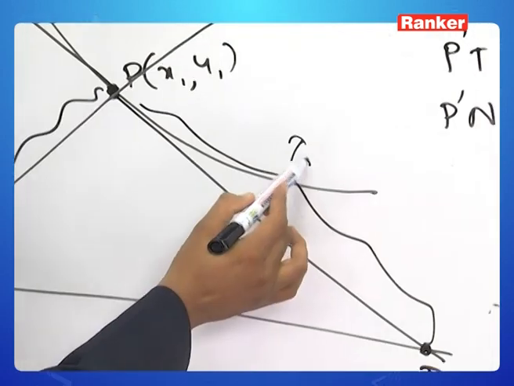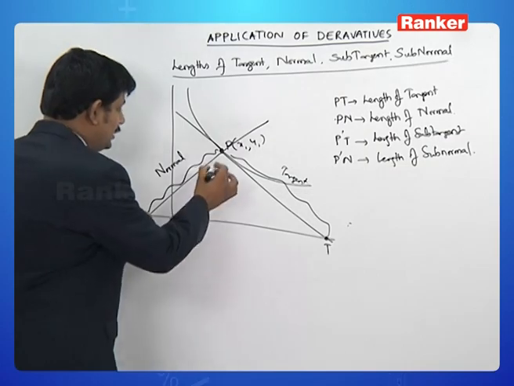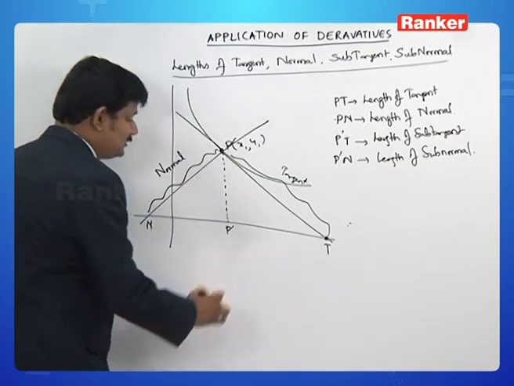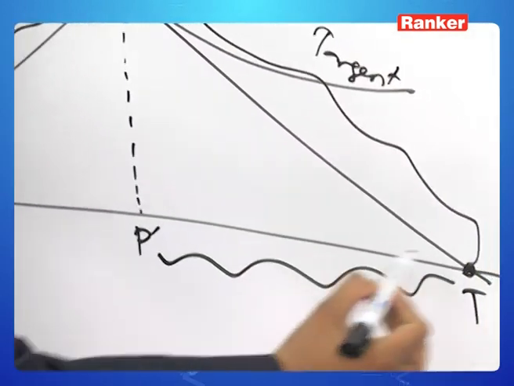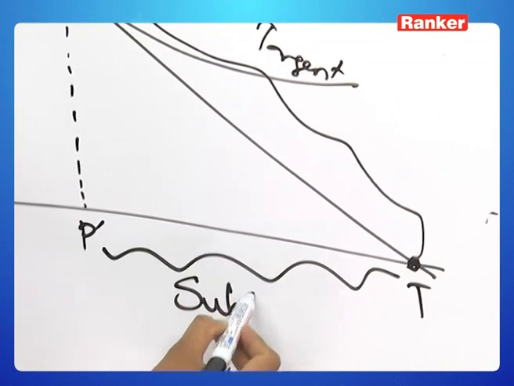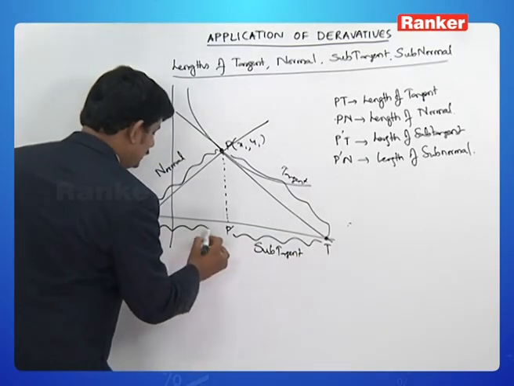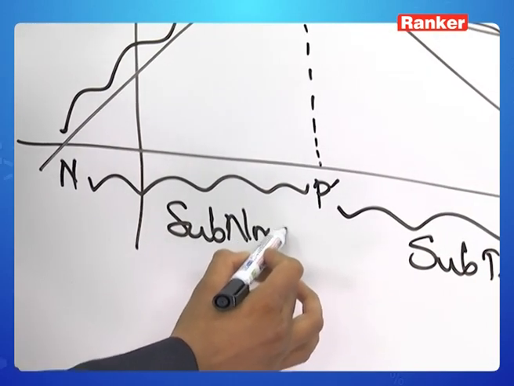And to get subtangent, let's draw projection of P on x-axis, let's say at P dash. The length P dash T is subtangent, and the length P dash N is subnormal.